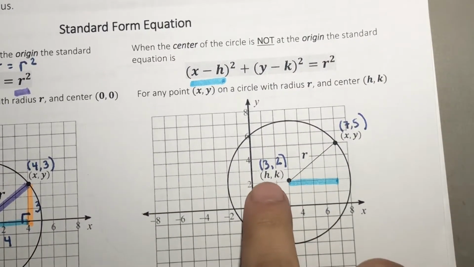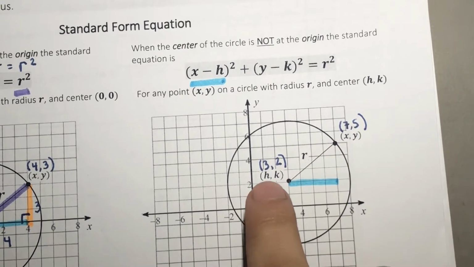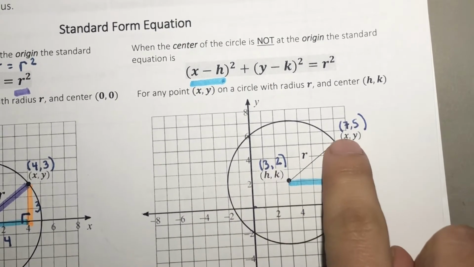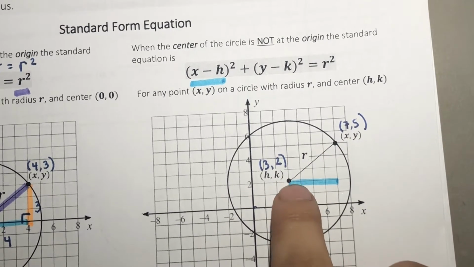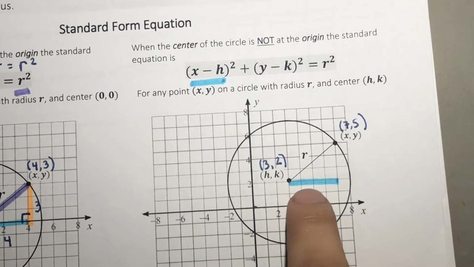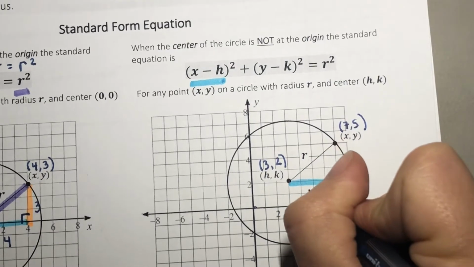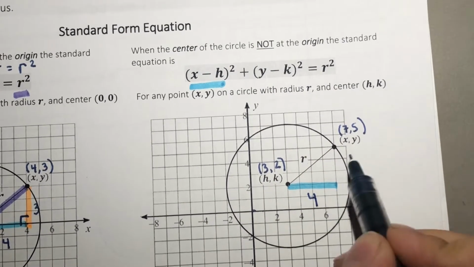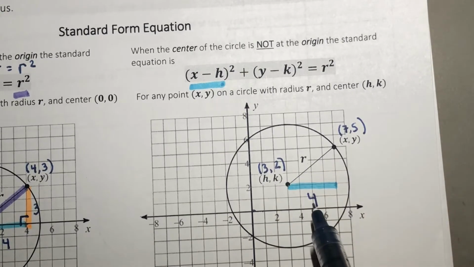We're going from h to x. In other words, from 3 to 7. That means that we are traveling 1, 2, 3, 4 units. This distance is 4. Okay, it's the same thing as 7 minus 3. 7 minus 3 is 4.